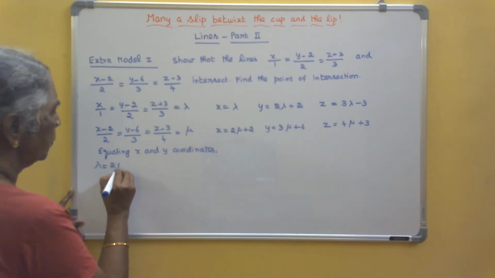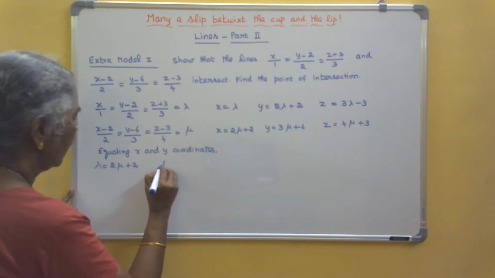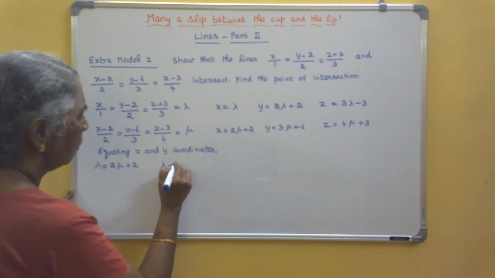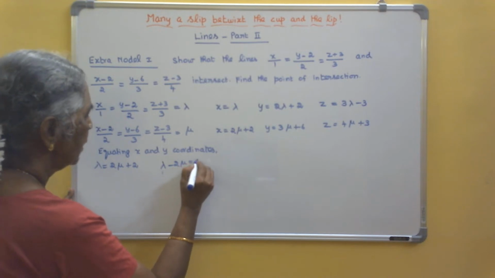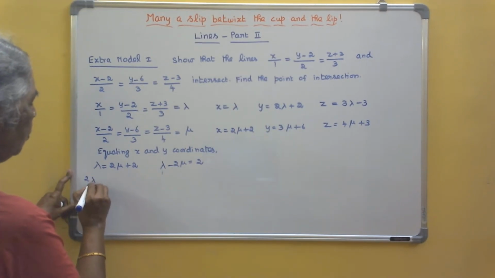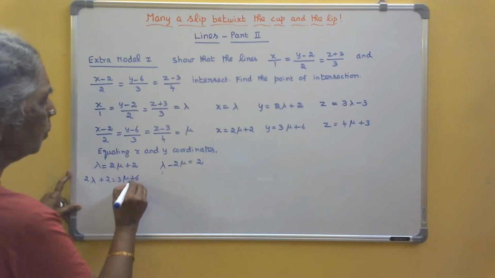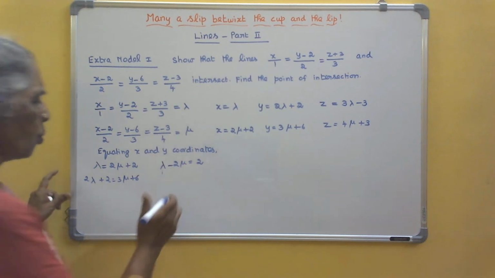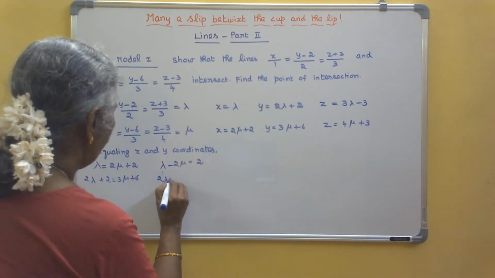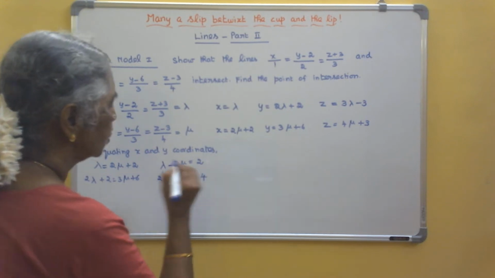Lambda = 2 mu + 2. That will give you lambda - 2 mu = 2. Then take the y part, that is 2 lambda + 2 = 3 mu + 6. So you will be getting 2 lambda - 3 mu = 6 - 2 = 4.